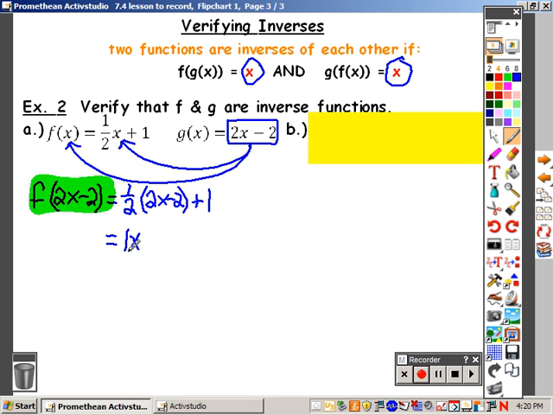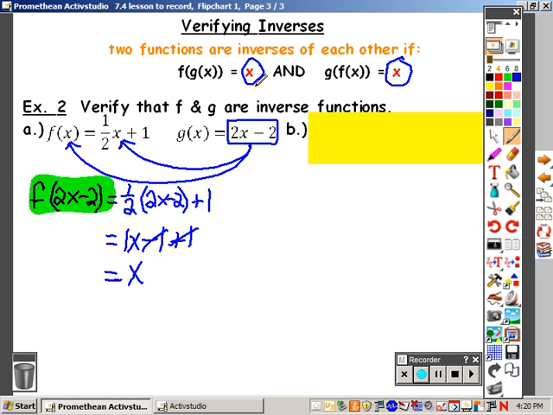It's just 1x. 1/2 times negative 2 is minus 1. And then I bring down my plus 1. So I get x minus 1 plus 1. Well, what's going to happen to the negative 1 and the plus 1? They're going to cancel out, and I get equals what? Just x. So look, up here at the top, f of g of x had to equal x. We just showed that f of g of x equals x.